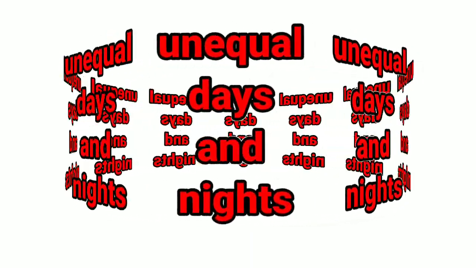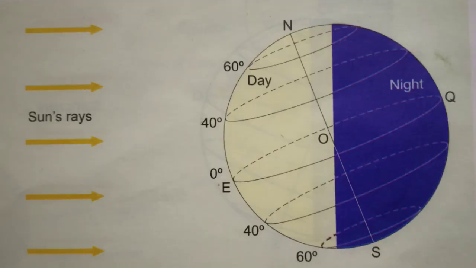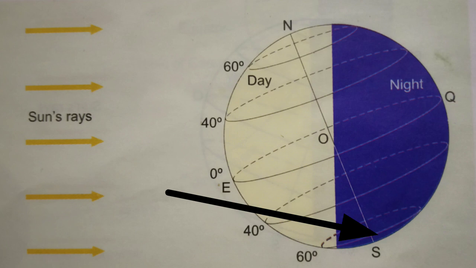So let's understand how it happens. When the northern hemisphere is tilted towards the sun, let's understand with the help of this diagram. It shows the situation during that half of the year when the northern hemisphere is tilted towards the sun and the southern hemisphere is tilted away from it.